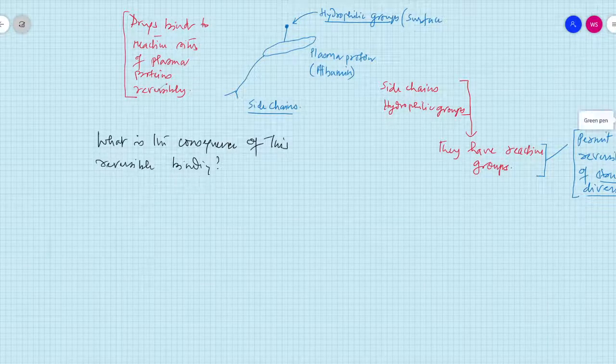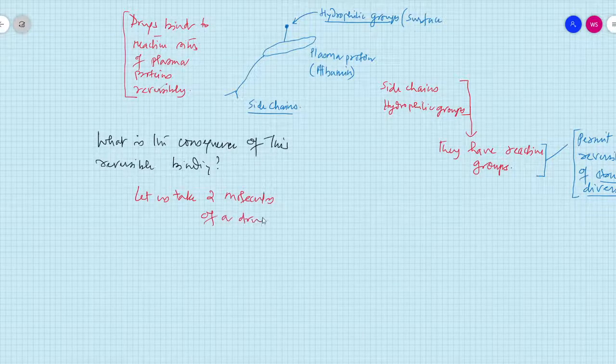To explain this, let's take two molecules of a drug. Let's depict the two molecules as A and A. This is molecule 1 and this is molecule 2.